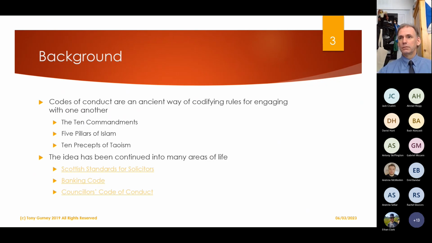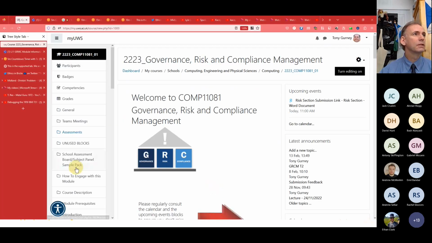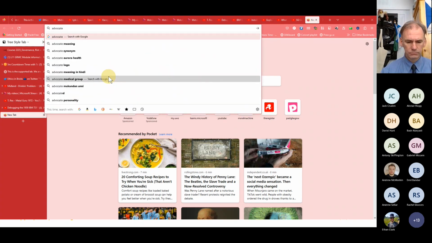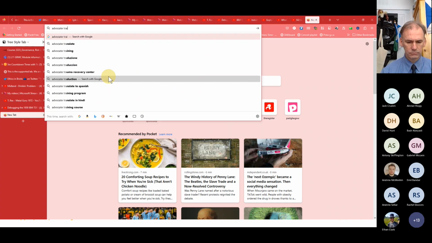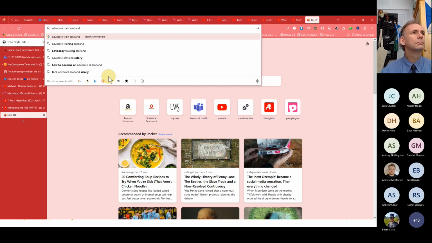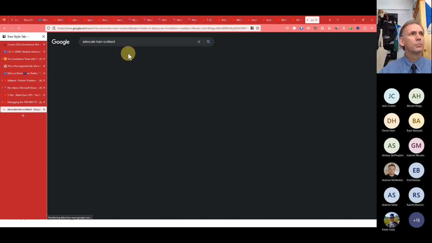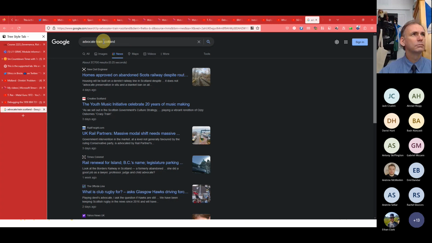And of course, there was a recent case where a solicitor was admonished for, admonished is a legal word, so don't take that verbatim, but they certainly had an issue with their professional body, because they were discussing a case on a train.